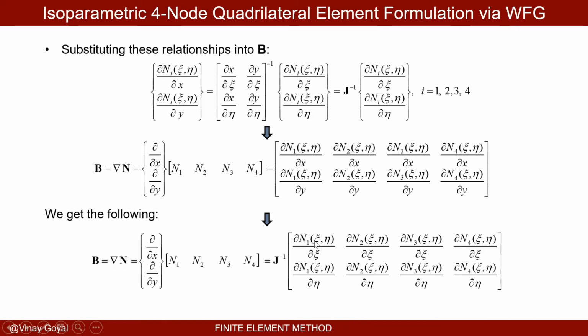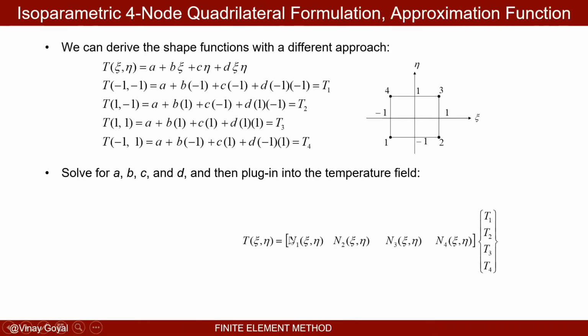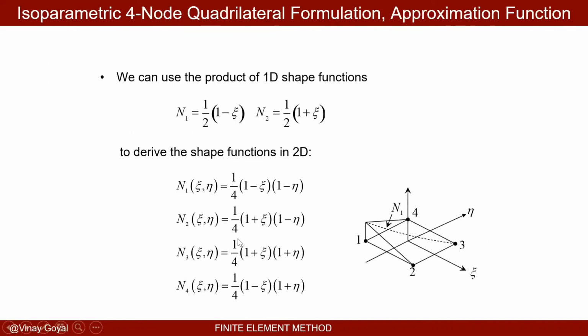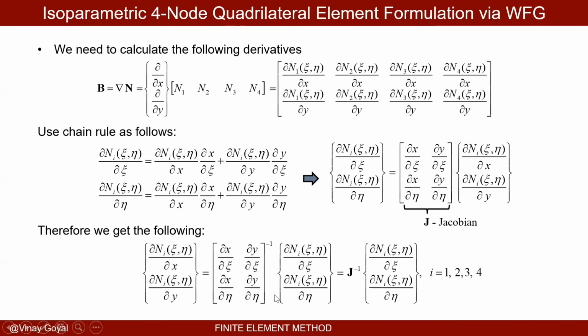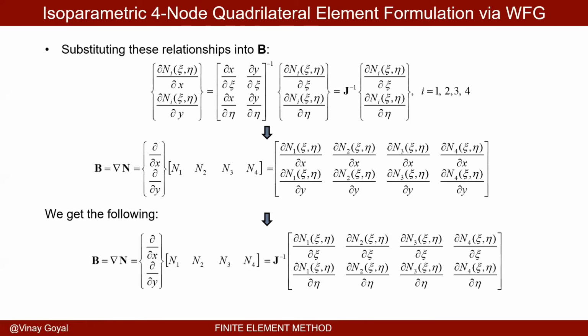I know how to calculate these derivatives because I know N1, N2, N3, and N4 in terms of ξ and eta. So in essence, I know how to calculate those derivatives. And guess what? These derivatives are the same for every element. J bold varies from element to element, but everything else is the same.